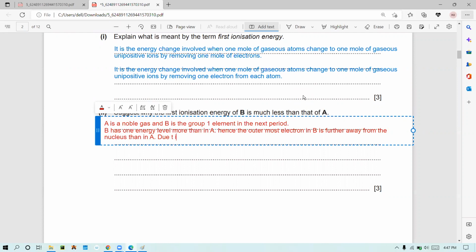Next one, due to the increase in an inner energy level, the shielding effect in B is greater than in A.